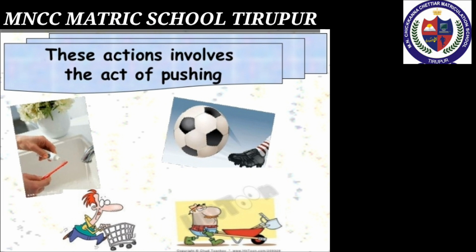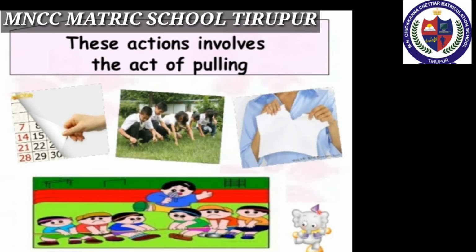Here, all the pictures show pushing action. When a force is applied in the direction of an object, it is called push. Here, all these actions involve the act of pulling forces. So, what is pull? When a force is applied in the direction opposite to the direction of an object.